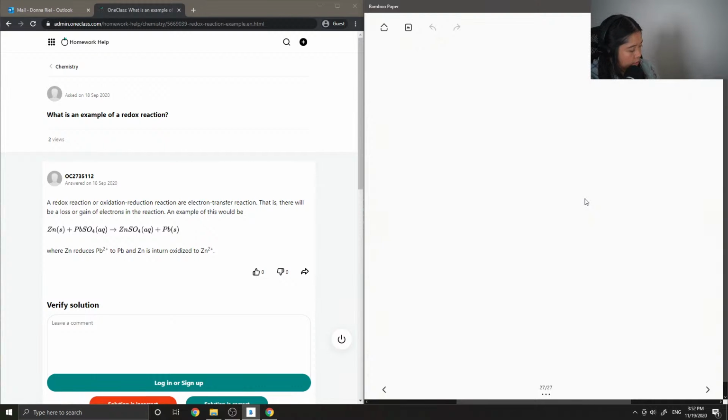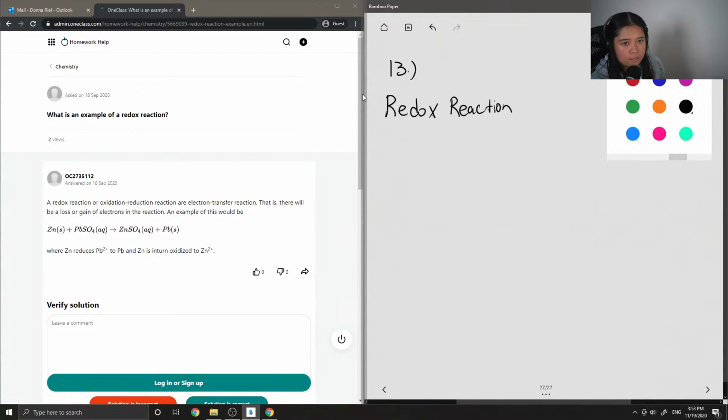Okay, so question 13 asks, what is an example of a redox reaction? A redox reaction, as you can guess by the name, involves a compound getting reduced and a compound getting oxidized.